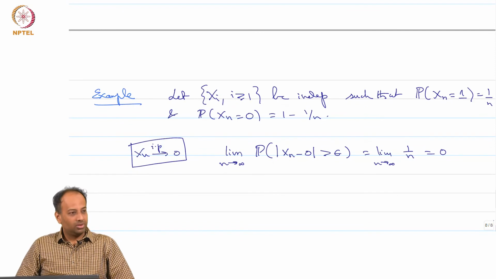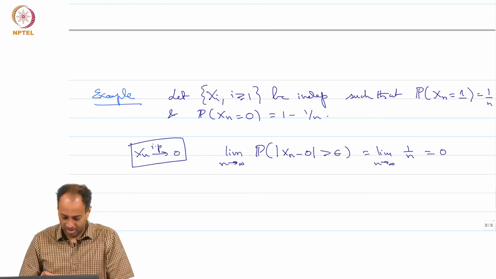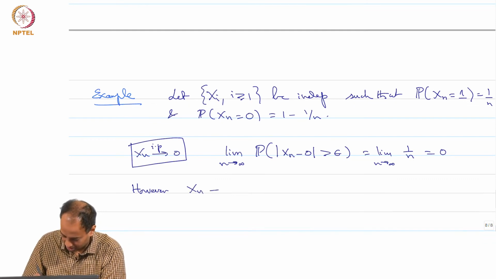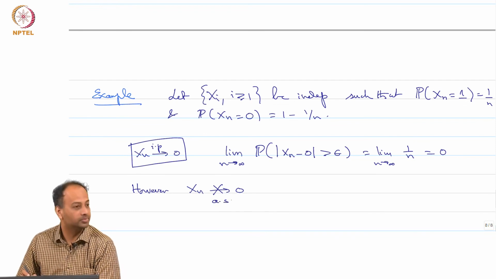But you can argue that X_n does not converge to 0 almost surely.